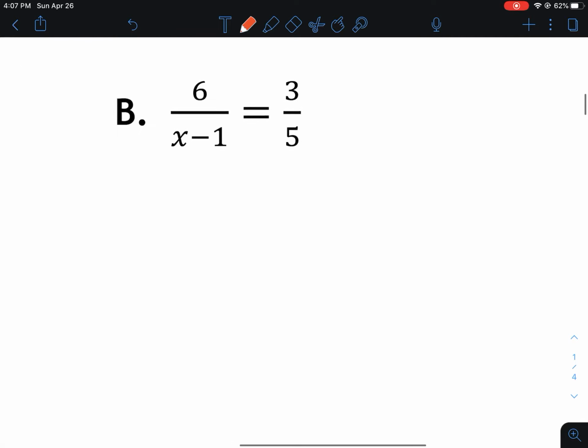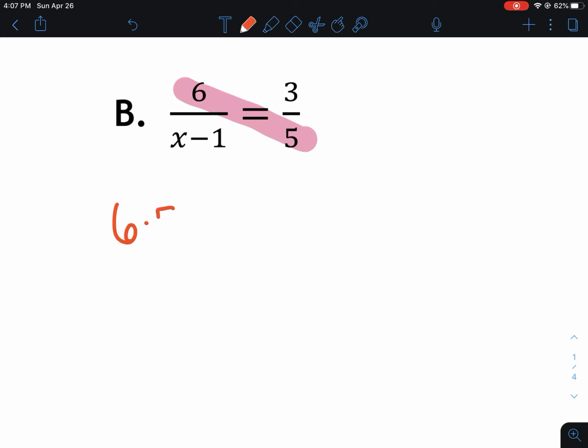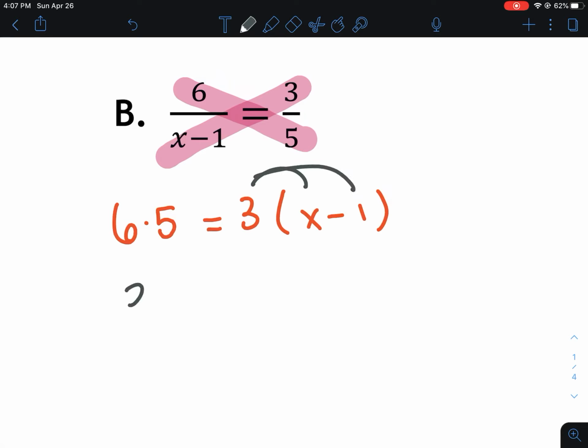All right, let's go ahead and look at the next one. Again, we're just going to do a quick cross multiply. 6 times 5 equals 3 times (x minus 1). Now, I'm very careful to use parentheses because I want to make sure that I distribute everything here. So I'm going to distribute this 3. I get 30 equals 3x minus 3.